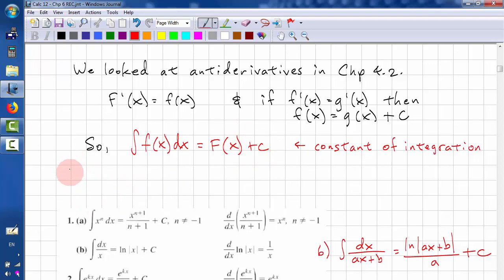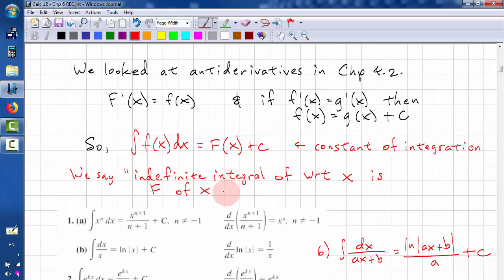And we say the indefinite integral of f with respect to x is F of x plus c.